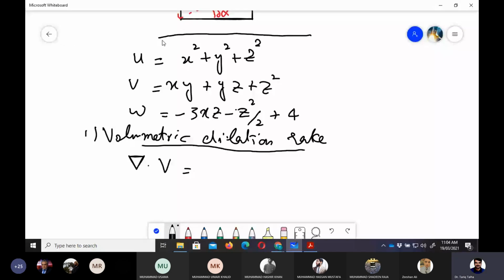del dot v is equal to partial u by partial x plus partial v by partial y plus partial w by partial z.